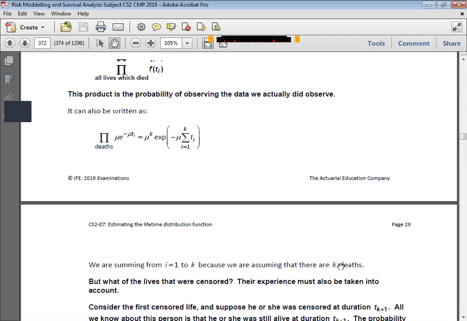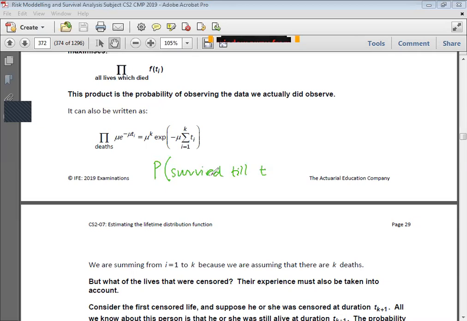Okay, so now coming back to how do we figure out the function for the lives that get censored? Because the only thing that we know is that they were alive up until the time they got censored. So what we can write here is only the probability that they survived up until some time. So now what I want to care about is the probability that some lives survived till some time.